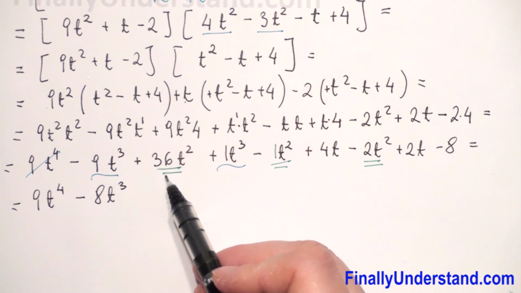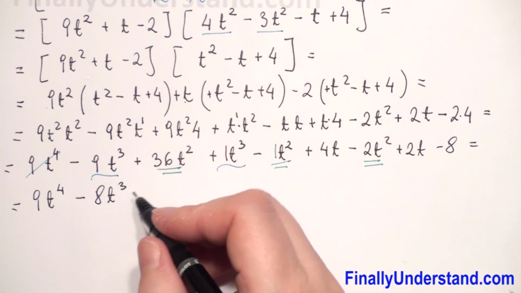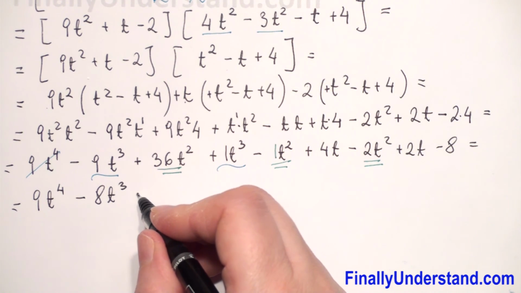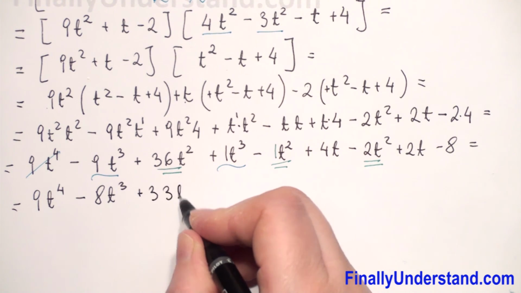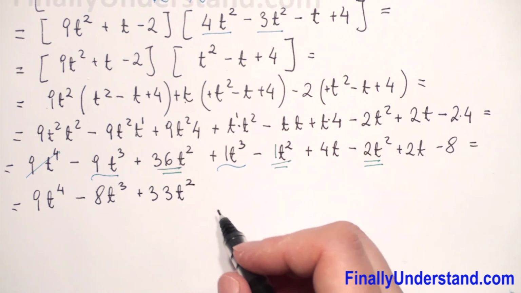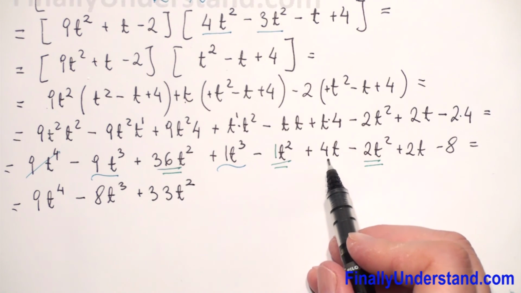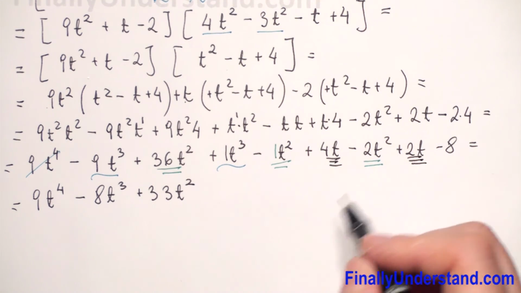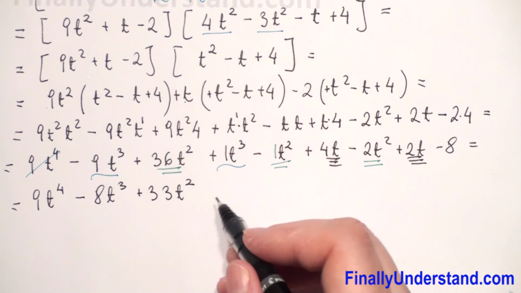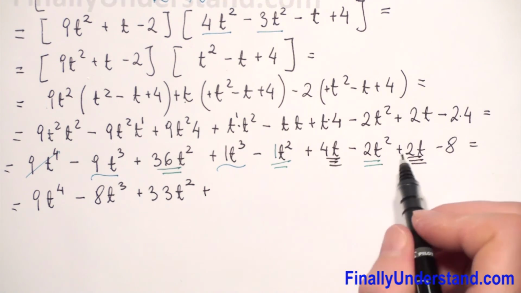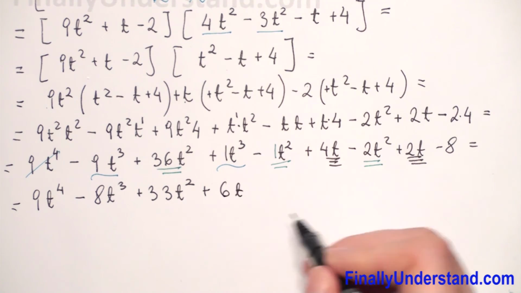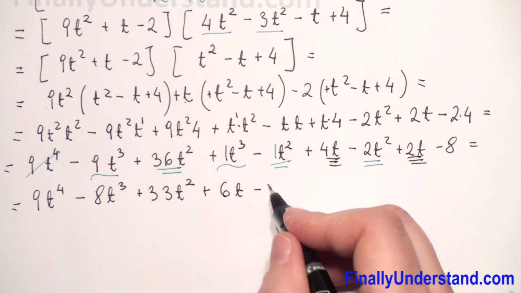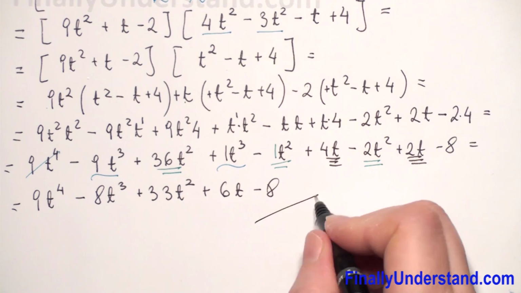So 36 minus 3 is 33. Positive 33, and t squared we have to copy. And we have 4t and 2t. So both terms are positive, so we have a positive sign. 4 plus 2 is 6t, and at the end we have negative 8. This is my solution.